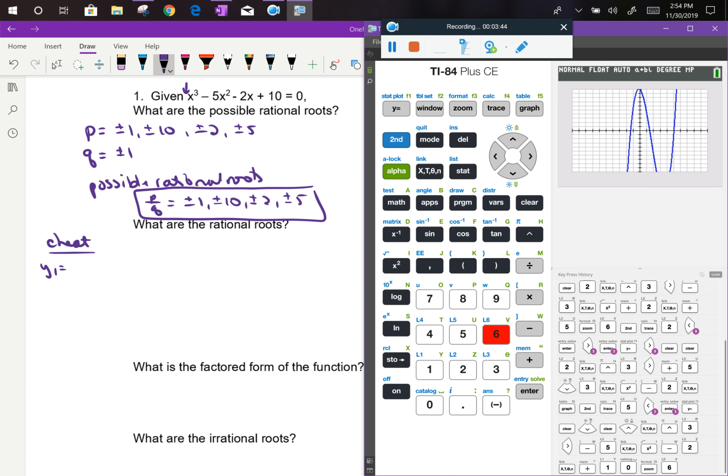So when I look at this, I can see it looks like it's crossing between -2 and -1. It looks like it's crossing between 1 and 2. And it looks like it might actually be crossing on 5.